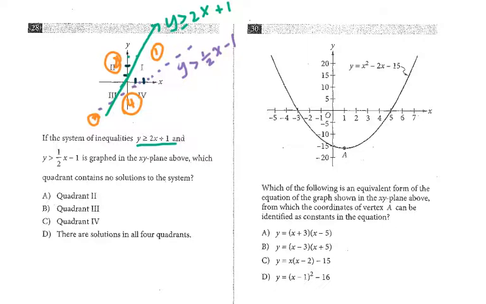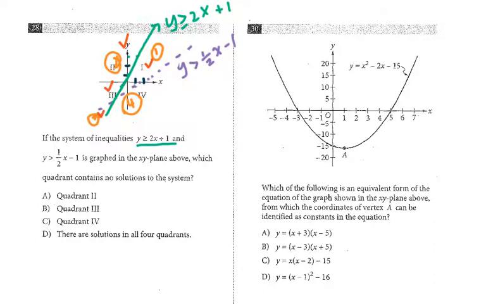Above 2x plus 1, which means this region and also this region. And y greater than 1/2 x minus 1 is still above. That means this region and this region.